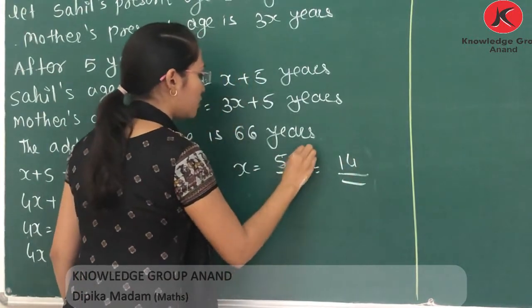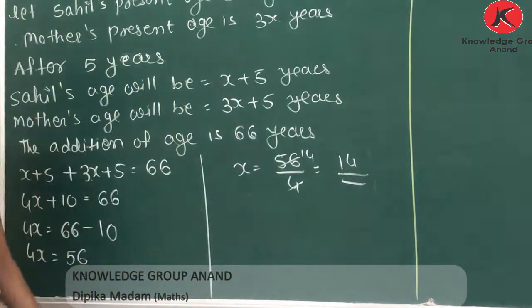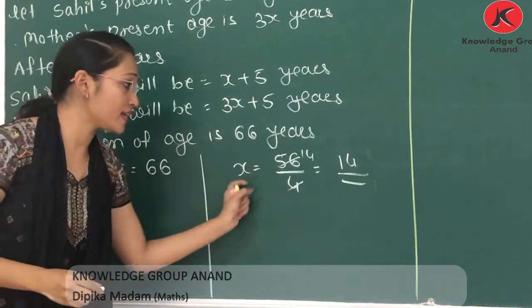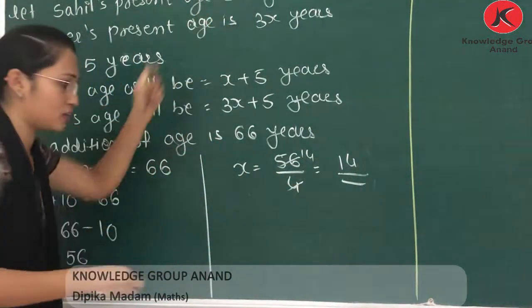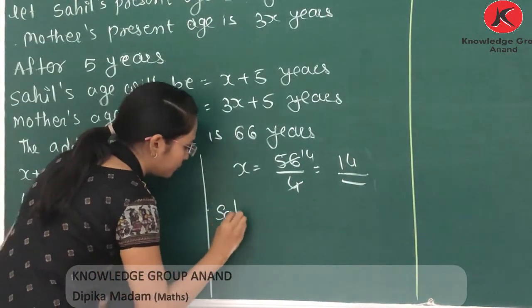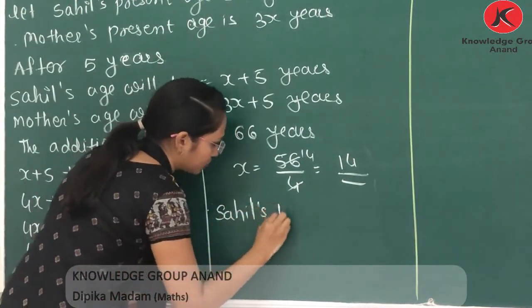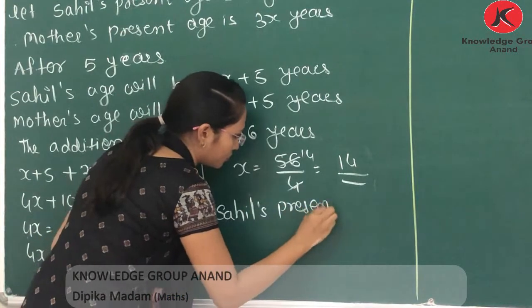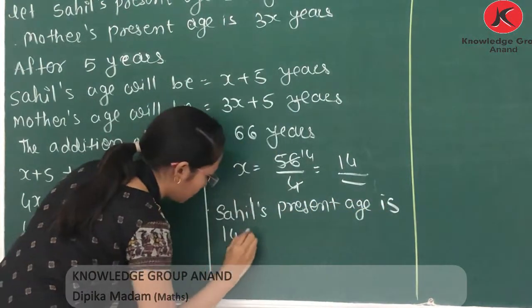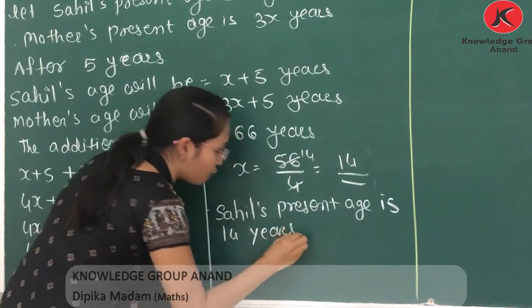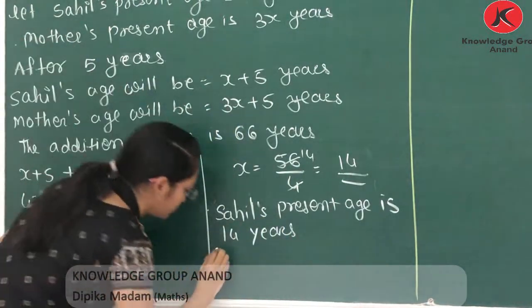So what we get? 56 divided by 4. Now we get x is 14, but what is x? x is Sahil's present age. So Sahil's age is 14 years. And what will be mother's age?